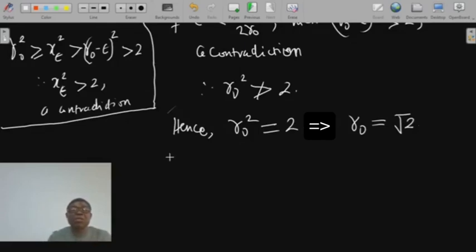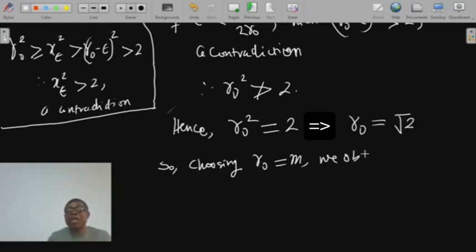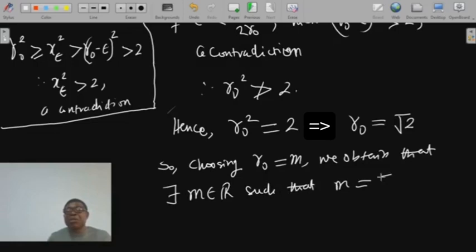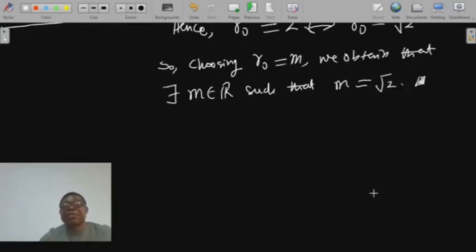Thus, choosing gamma naught equal to m, we obtain therefore that there exists m in the set of real numbers such that m is equal to root 2. And this completes the proof. This completes the proof of that exercise.